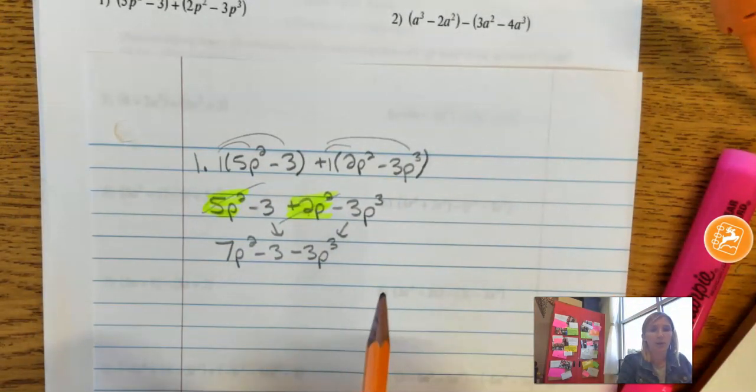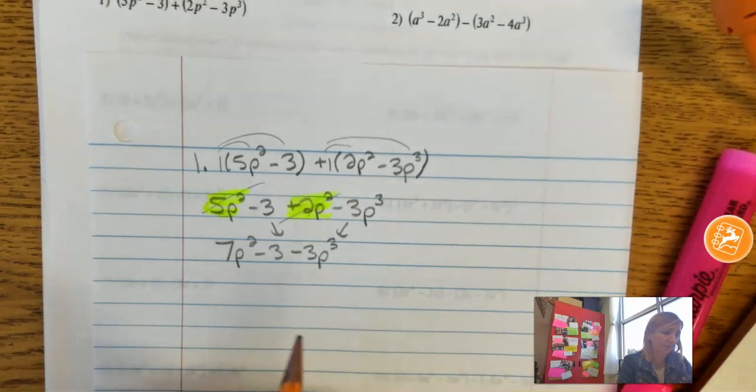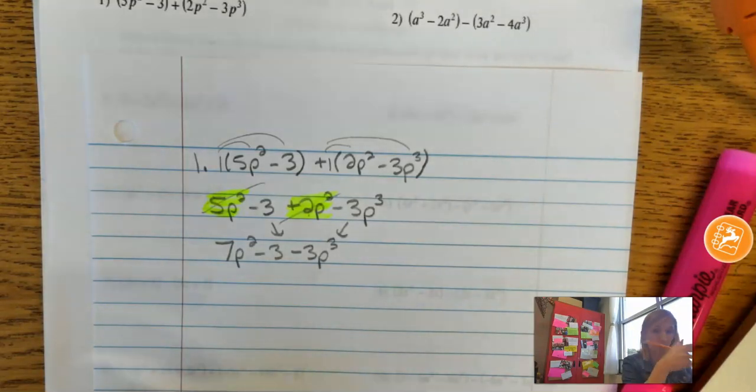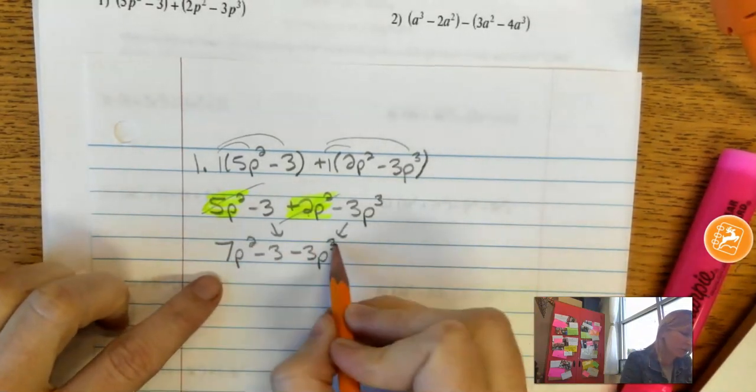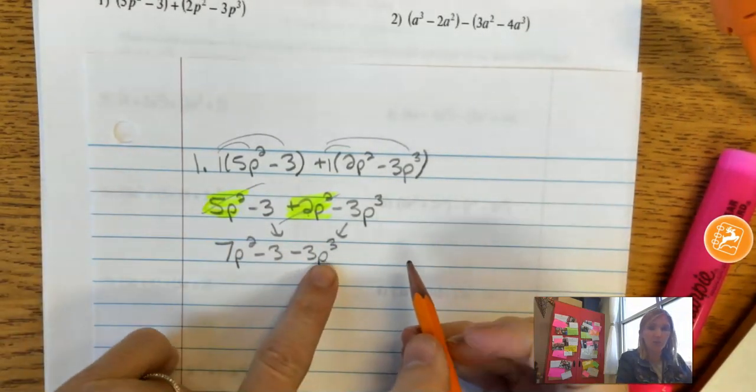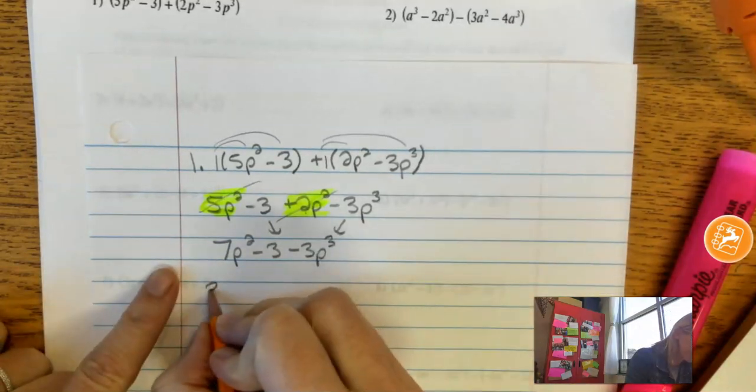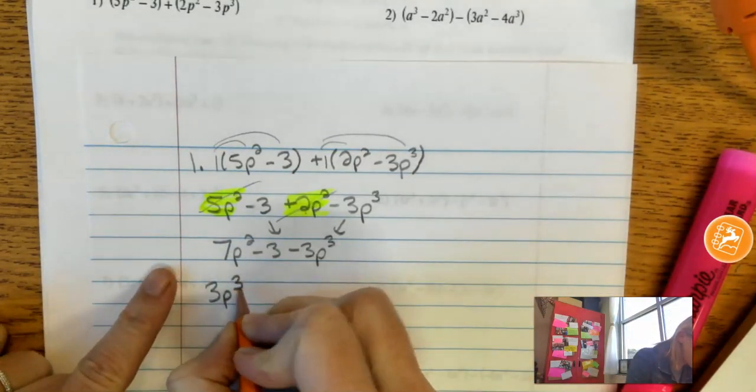Now I want to get some practice putting things in standard form. Generally the term with the highest exponent is going to come first when we're putting expressions in standard form. The exponents I have are 2 and 3, so this term is going to come first. This isn't anything that we have talked about yet.